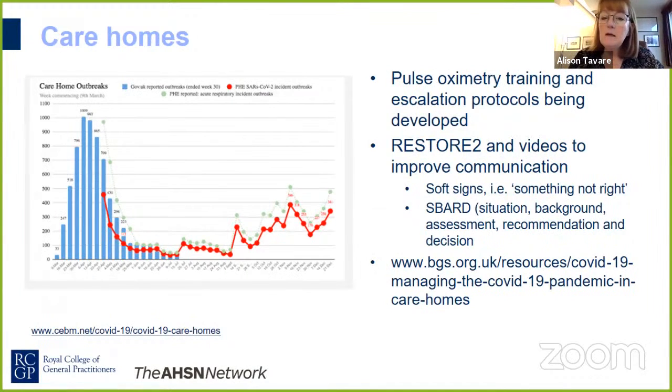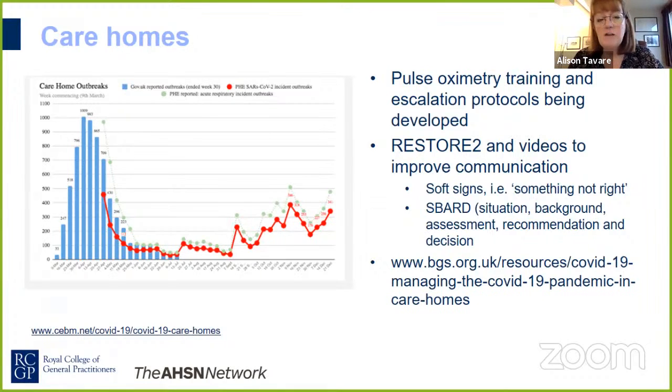But in the meantime, there's also Restore 2, which has been recommended by the British Geriatric Society as a way of improving communication between GPs and care homes. And I just wanted to highlight Jackie Vassell, who's a care home manager in South West. She learned about Restore 2, trained her staff, and when they were hit by COVID, she herself got COVID and was having to manage it from home.